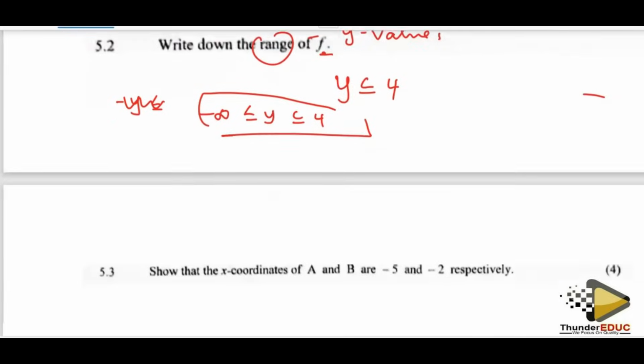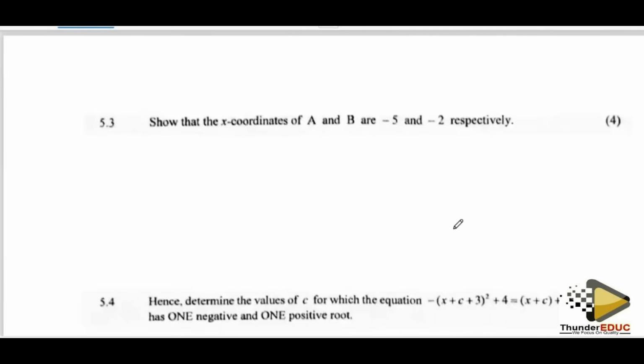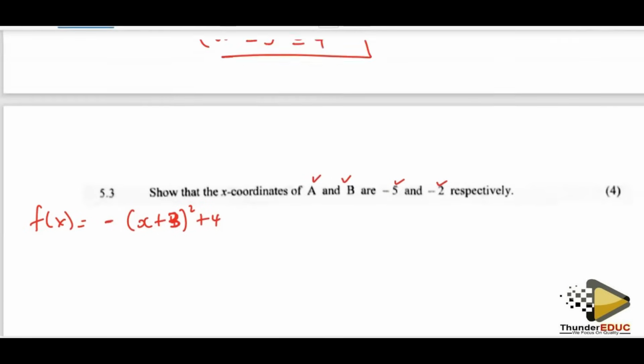Now for 5.3, can we show that the coordinates of A and B are -5 and -4? My equation is -(x + 3)² + 4. What are A and B? That is what I need to find out.